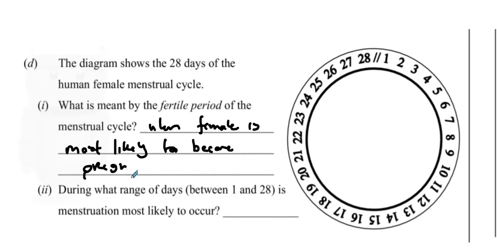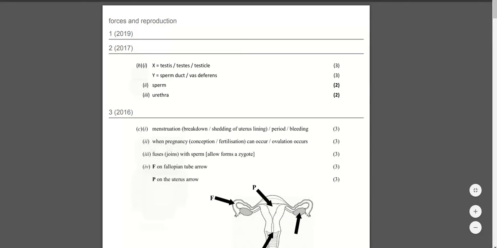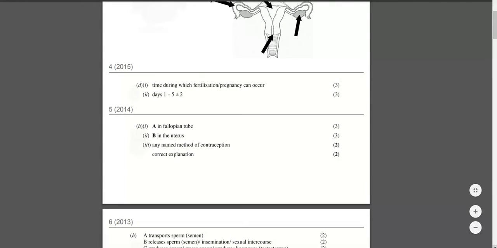Okay, and describe what range of days between 1 and 28 menstruation most likely occurs. Menstruation is days 1 to 5 usually. So days 1 to 5. Once again, guys, always check your answers. Okay, now we're on to question 5.